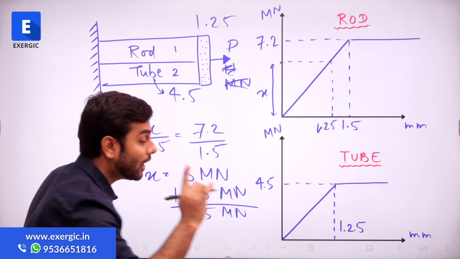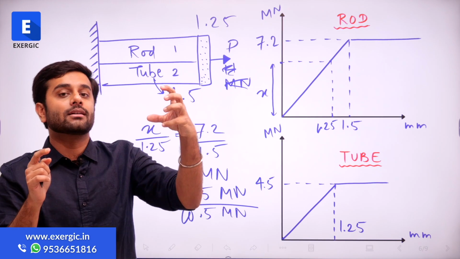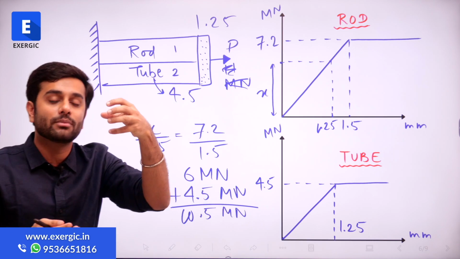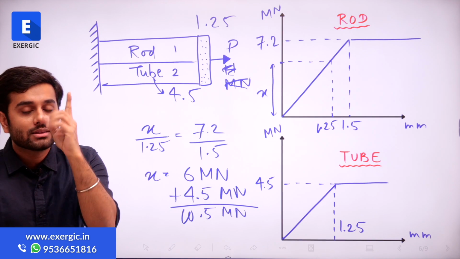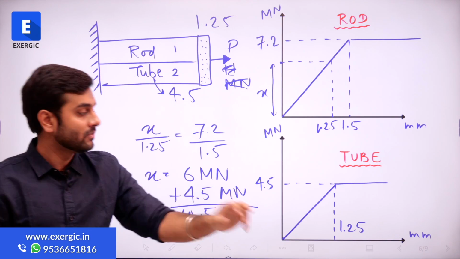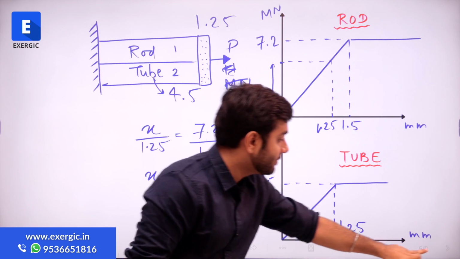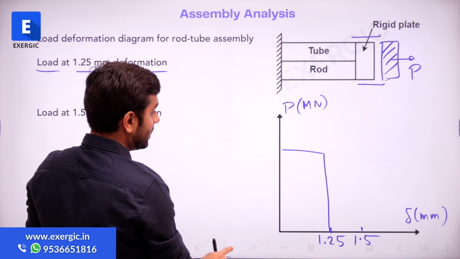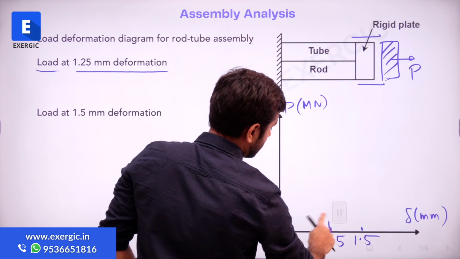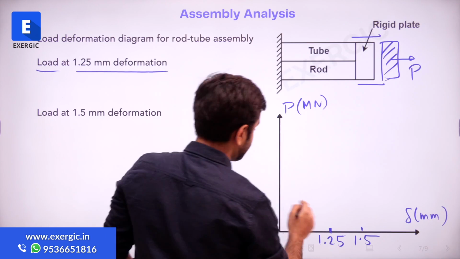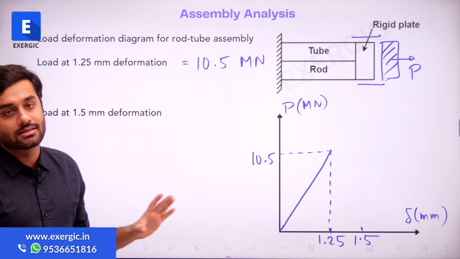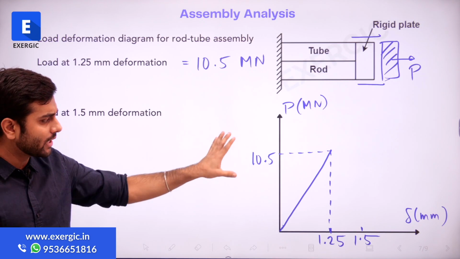This will tell you how much load these two combined will be able to withstand when both of them have deformed up to 1.25 mm, which is equal to 10.5 mega Newton. So in this diagram, at 1.25 mm, the combined load that they can resist is 10.5 mega Newton. This is what I have drawn now.